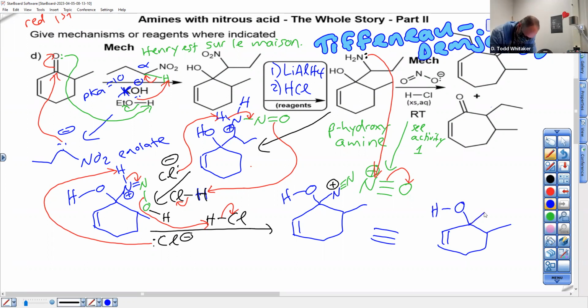Why not? The rearrangement happens first. You know what? Yeah, we had a problem all the way along. There's a C. I lost everything here. Okay.